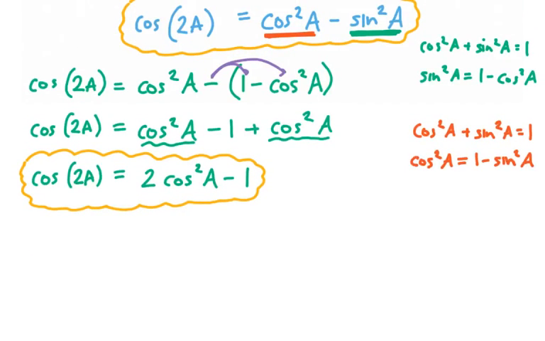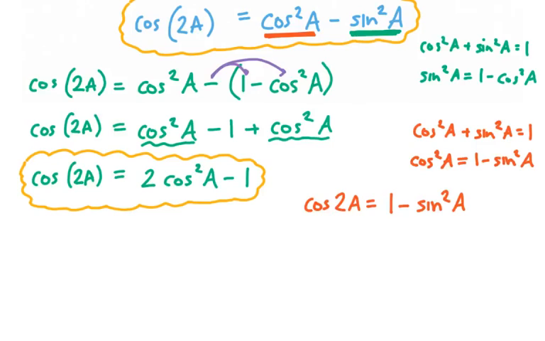So what I'm going to do this time around is begin by writing the original cosine of 2A is equal to, but now when I see that cosine squared, I'm going to replace it with 1 minus sine squared. So that's what we're doing to the original double angle identity. The identity, of course, still says to subtract the sine squared.